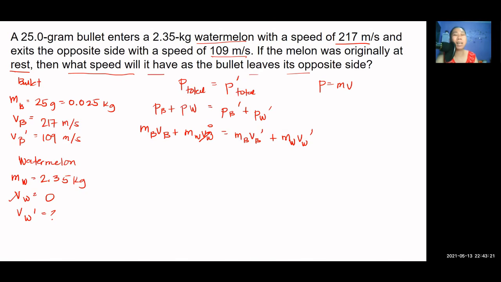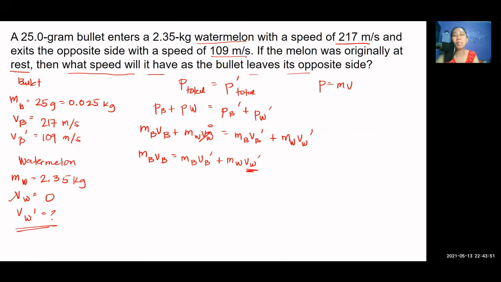So, ibig sabihin yung aking equation, pwede ko ma-simplify para maging ganito na lang siya. mb vb is equal to mb vb prime plus mw vw prime. Now, next step, kailangan natin ma-solve yung value ng vw prime. Okay, ito yung hinahanap natin, vw prime.